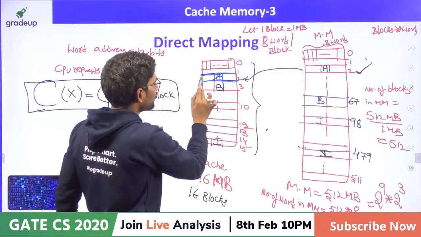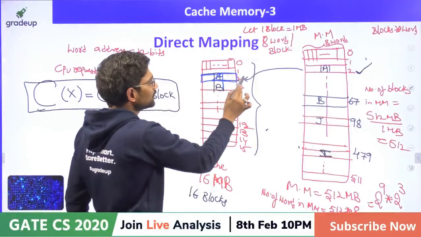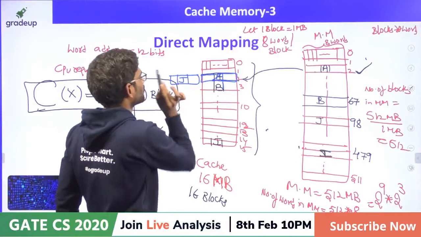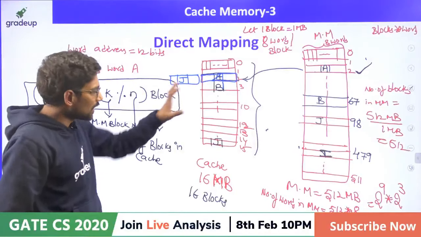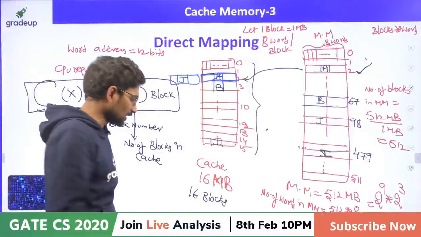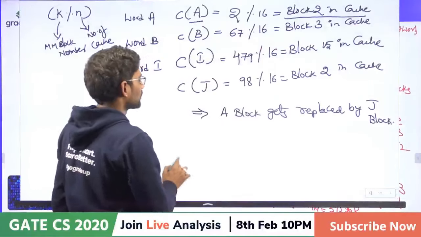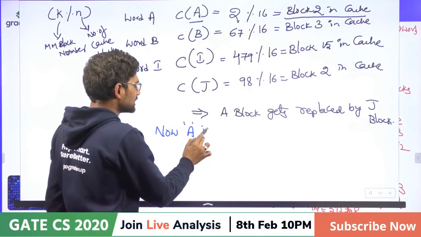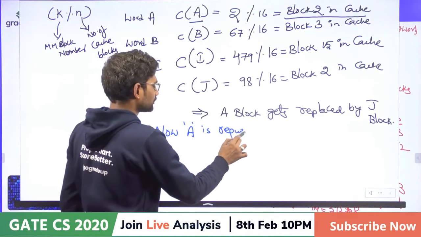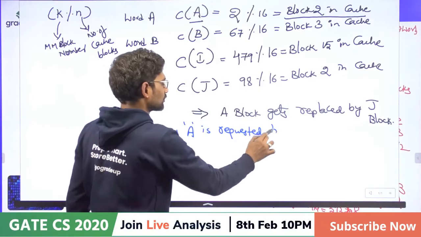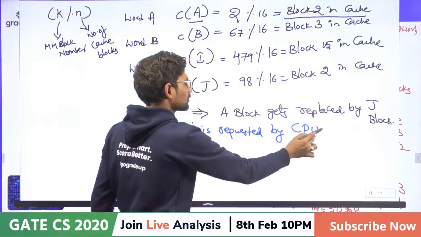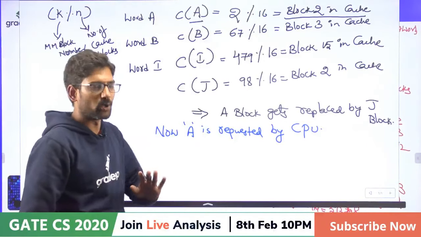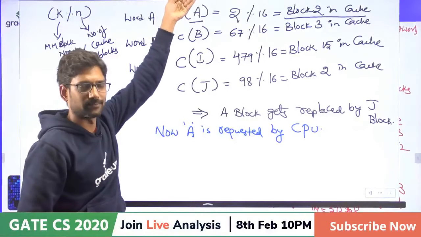So this is all replaced with the J block. Now A is requested by the processor after this replacement. Is it the first time requested? No, it was already requested one time.